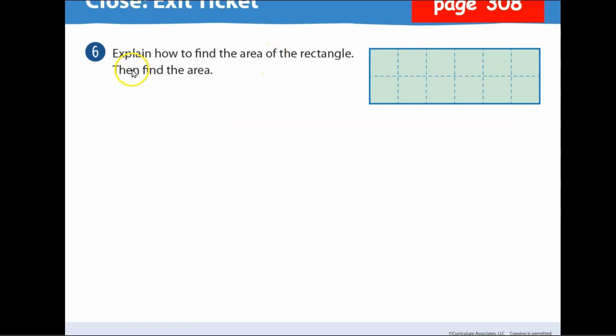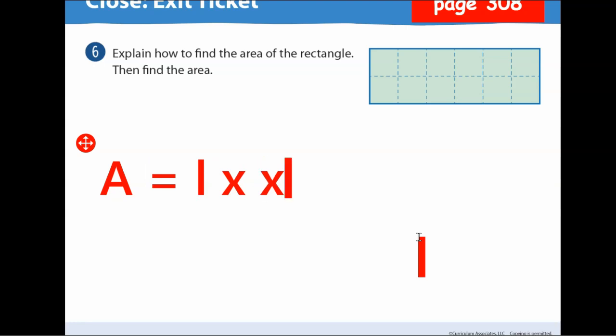All right. Just tell me, explain how to find the area of the rectangle. So how would I find the area for this? Count the squares, right? And remember the formula: A equals L times W. Length times width, right? So what's the width of this shape right here?